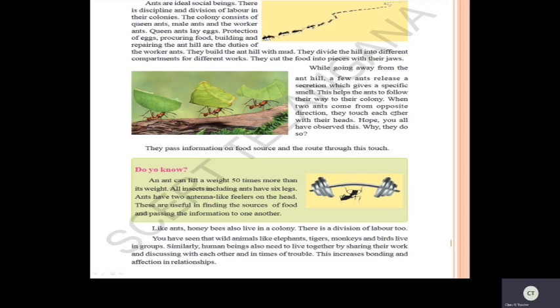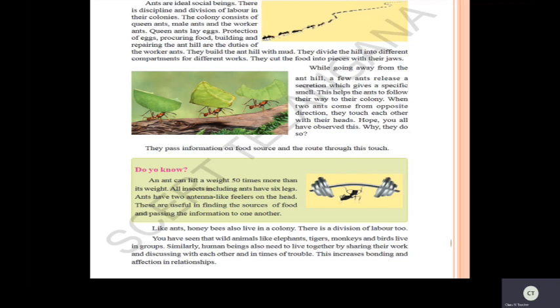When two ants come from opposite directions, they touch each other with their hands. Why are they doing so? Yes, because they want to pass the information about food, what kind of food they are carrying, and also about the way.